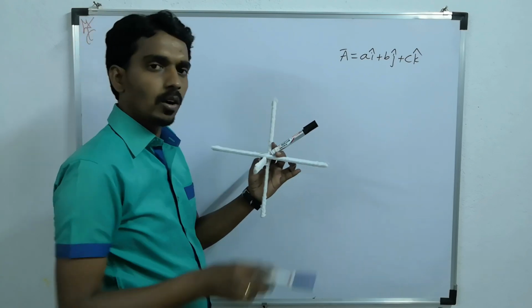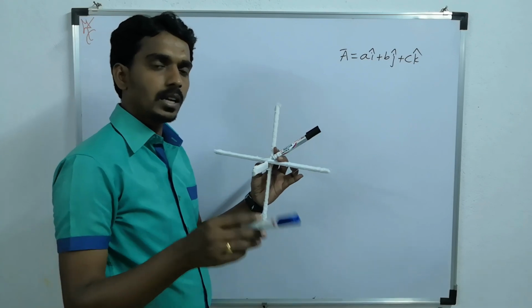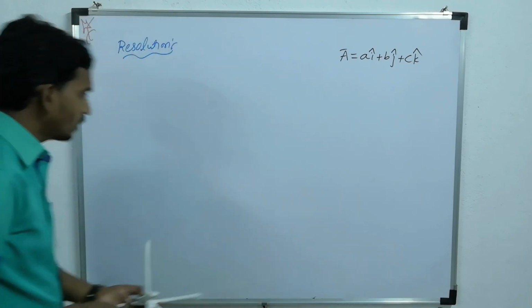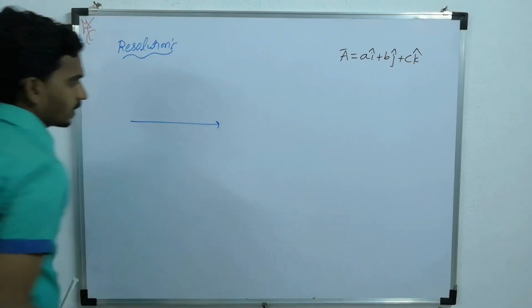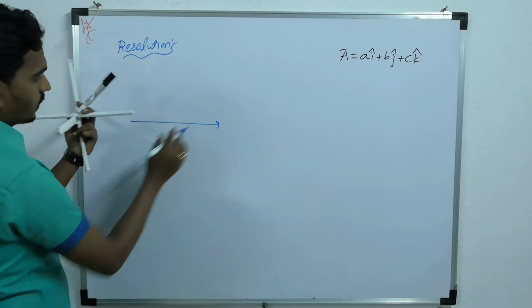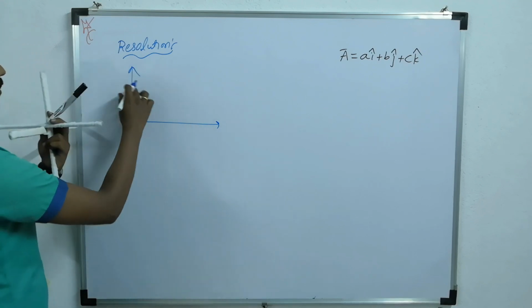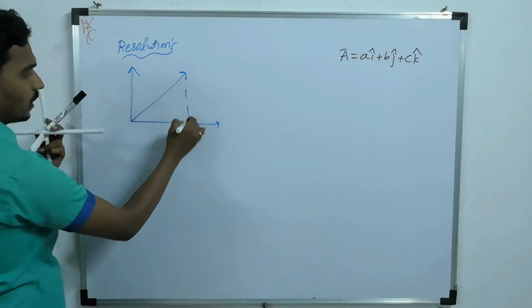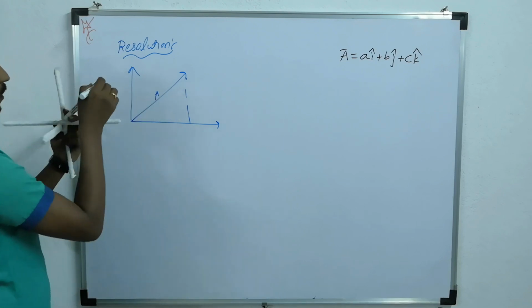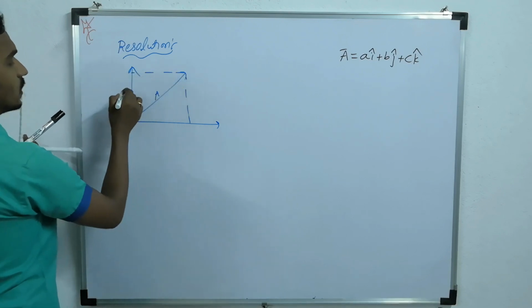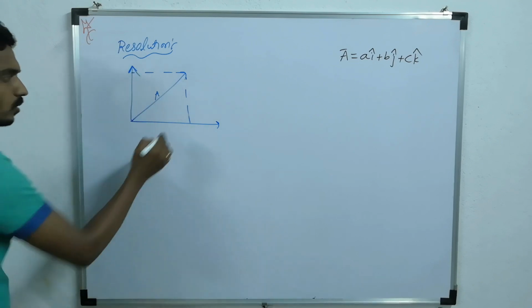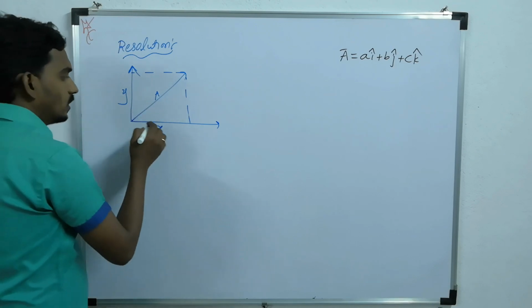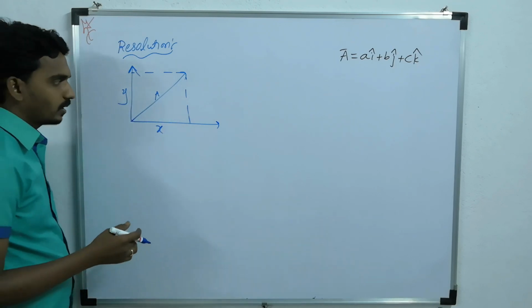These components we call the projection of the vector on the x-axis and y-axis. Here, this is the x-axis and this is the y-axis. Now this is the vector A. If you draw the perpendicular, this is another one. Now this is x, this is y, and how do you find them?